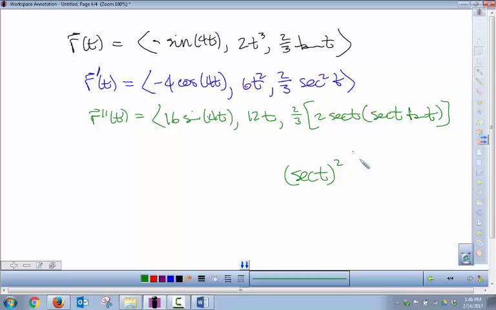Times secant tangent. Well, no, there's a t here, so it's understood that this is next to it. It's 4/3 tangent secant squared. No, that's what we got. I got 2 secant squared t tangent. Yep. That would be it if you simplify it.